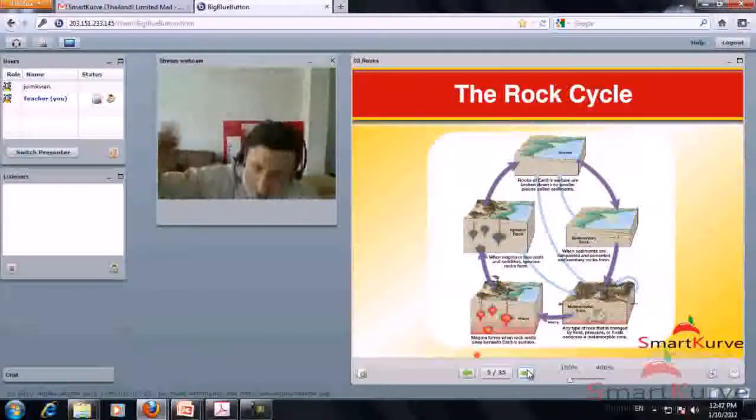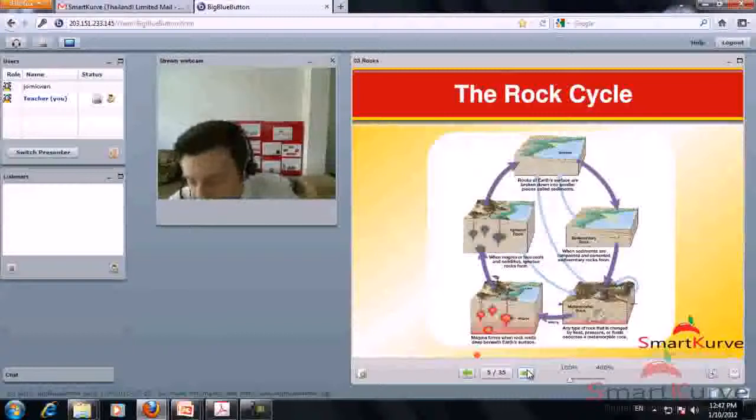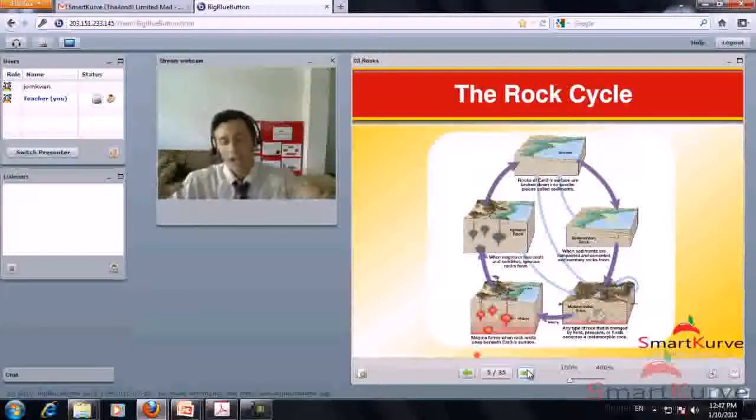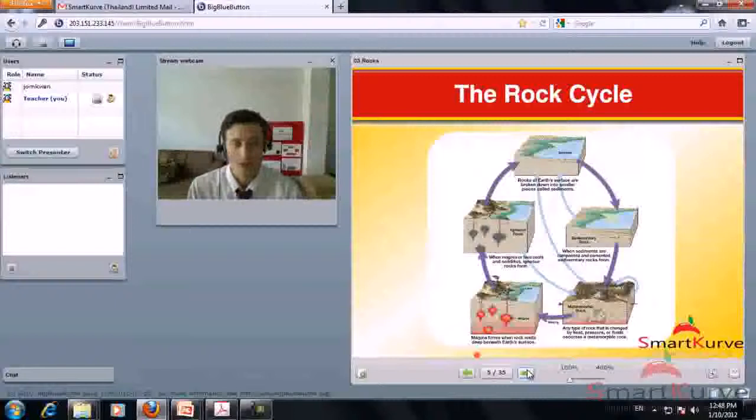Next, as we move down around that circle, you can see the rock is crushed and it's heated, and those straight bands that we see, the straight lines of yellow and gray and orange rock, become very wavy and crooked. That's where we're going from sedimentary rock to metamorphic rock.